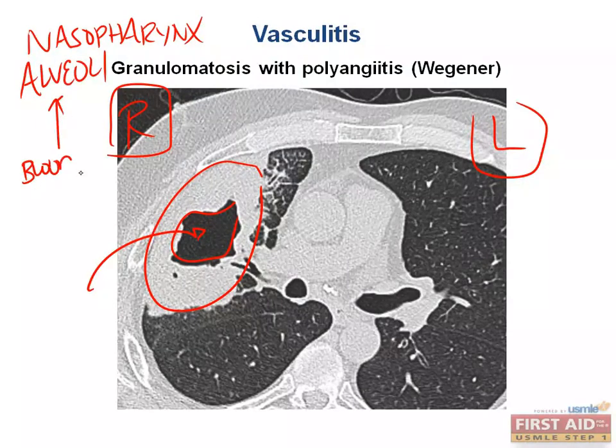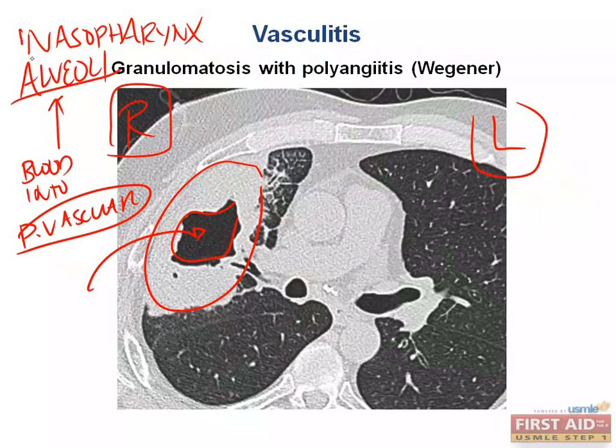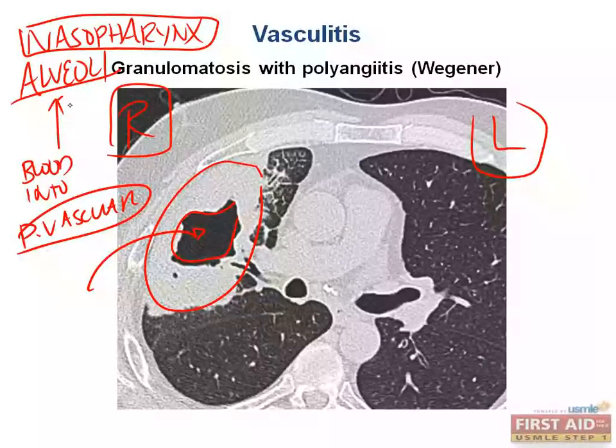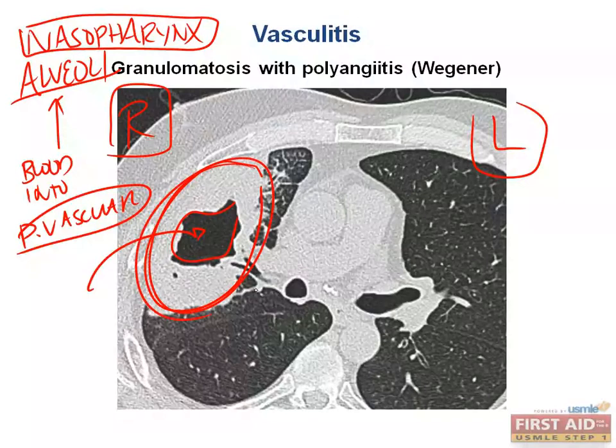There's bleeding into the alveoli because there's damage to the pulmonary vasculature. Remember, the pulmonary vasculature surrounds the alveoli. So now we have some nasopharyngeal bleeding and ulceration. Then we have hemoptysis because we're bleeding from our damaged pulmonary vasculature into the alveoli, and then we cough blood up. There are large cavitations in this disease that you can see on CT scan.